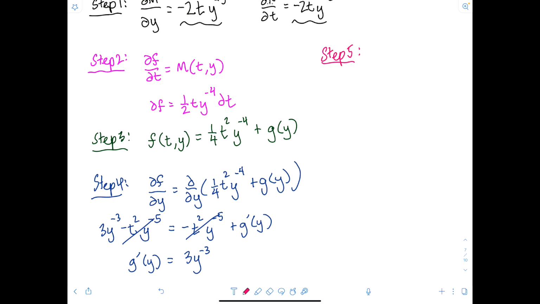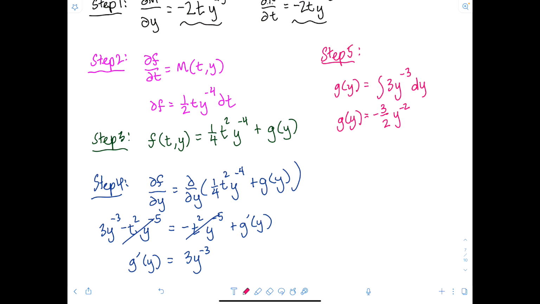Integrating both sides with respect to y, we're going to get g at y is equal to the integral of 3y to the negative 3 with respect to y. G at y equals, increasing the power by 1 and dividing by that number, we'll have negative 3 halves y to the negative 2.